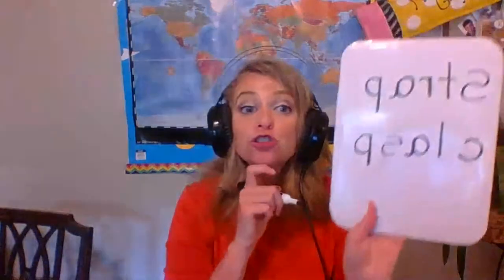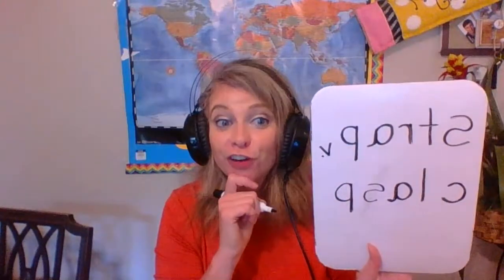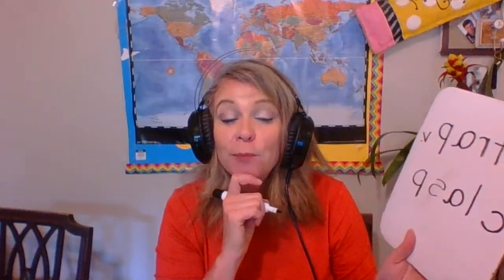The words strap and clasp are the same as button. They can be two parts of speech. You can strap on a backpack, that would be the verb. Please fasten the strap, that would be a noun.